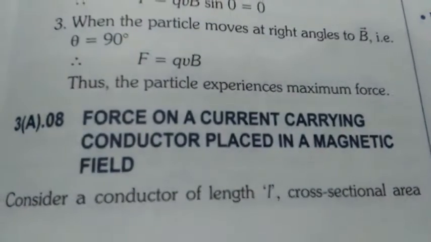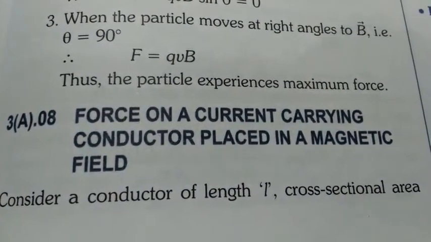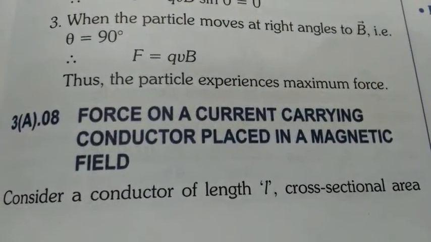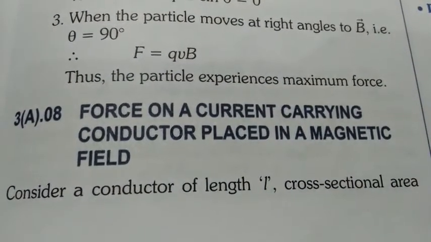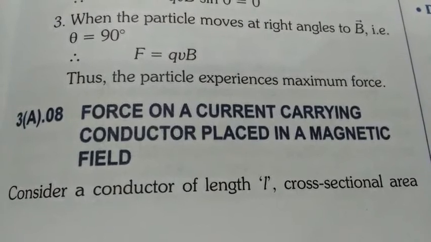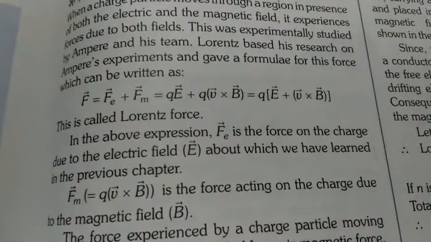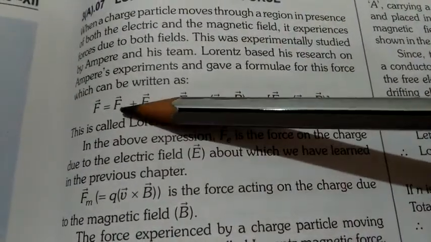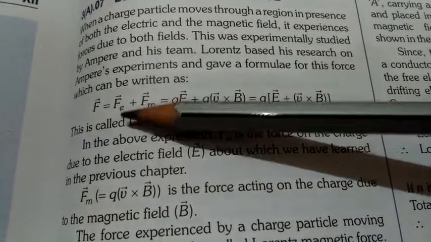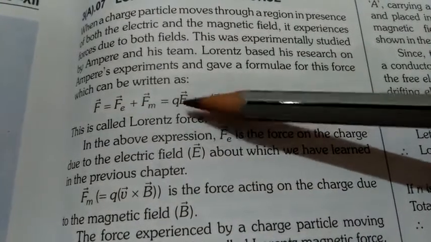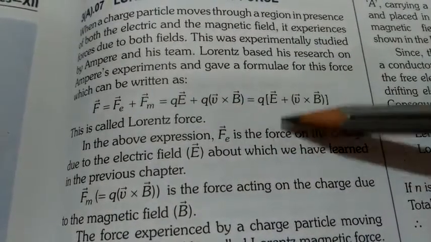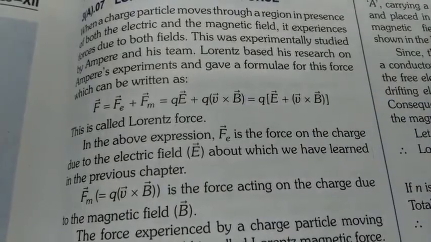Now next is force on a current carrying conductor placed in a magnetic field. We have already discussed what is Lorentz force. Lorentz force is a combination of electric Lorentz force and magnetic Lorentz force. Their values and special cases we have also already discussed.